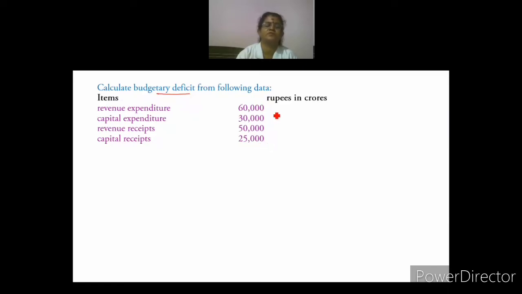Everything is in rupees crores. Now let us calculate budgetary deficit. Budgetary deficit is equal to total budgetary expenditure. It means both revenue expenditure and capital expenditure.